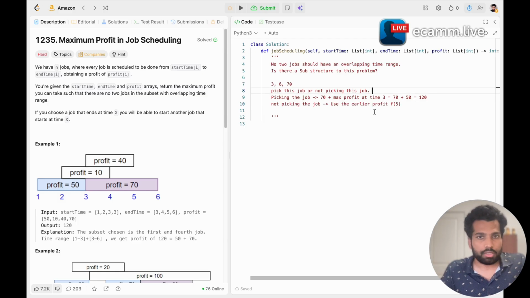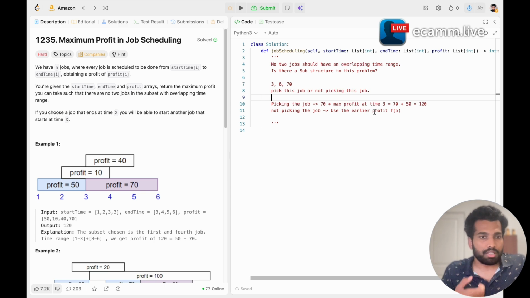So we have two choices. Our initial goal was to be concerned with picking this last job or not, to calculate our overall maximum profit from the given set of jobs. We can either pick the job or not pick the job.